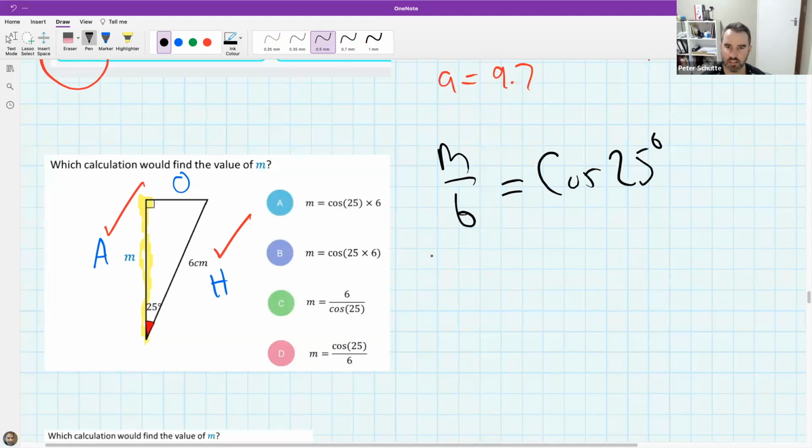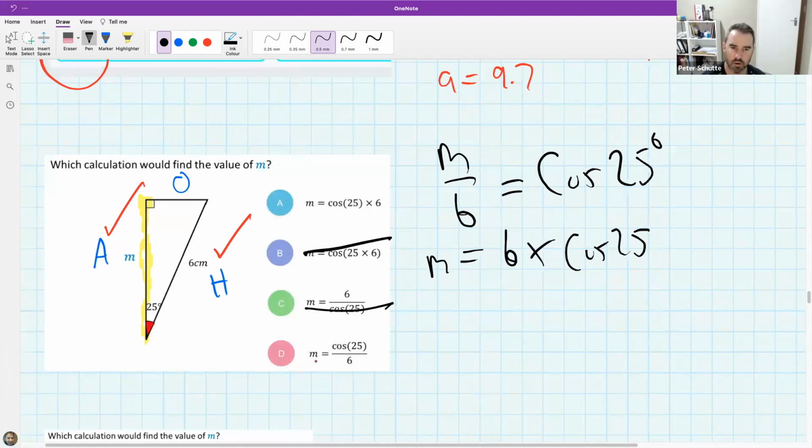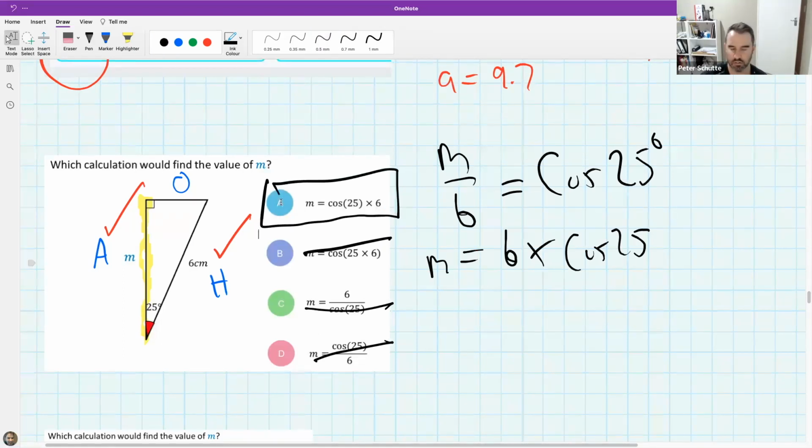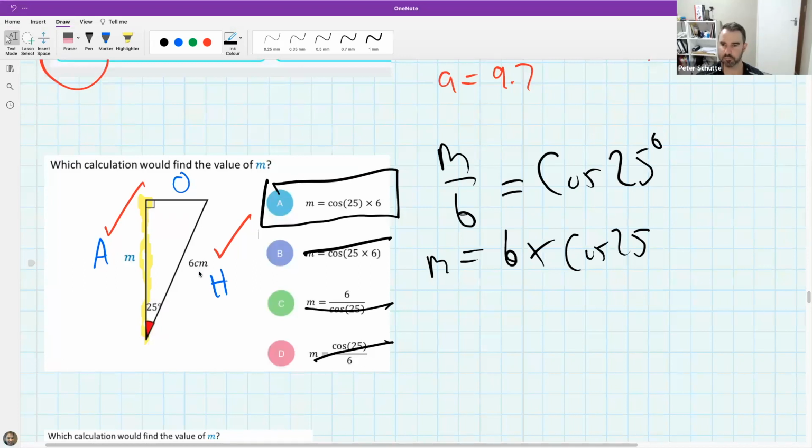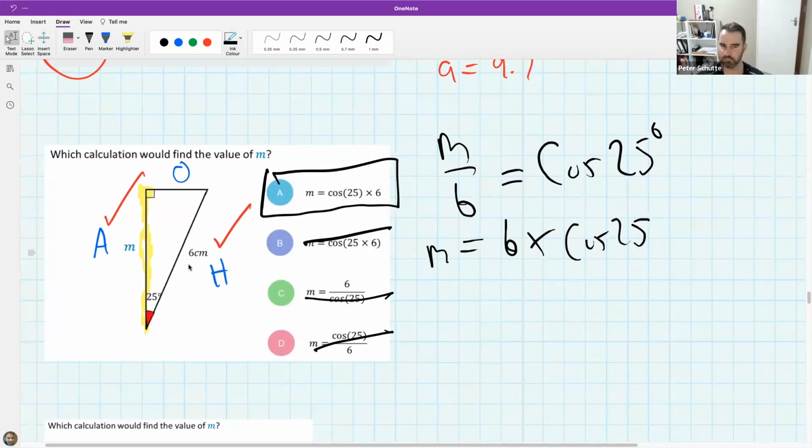It's not m is 6 times... Oh, but cos of 25 times 6 is the same as 6 times the cos of 25. And so the correct option is A. Okay, cool. You guys have got this.